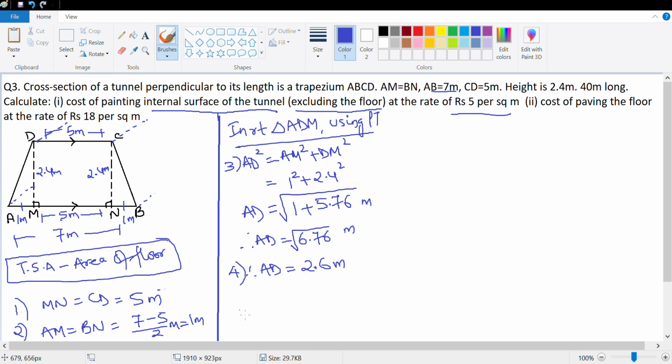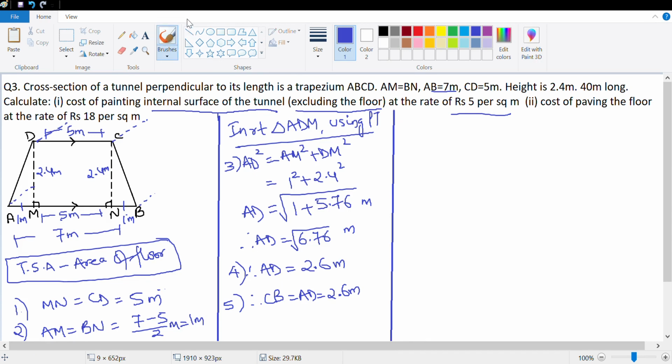Since these two triangles are exactly the same, this is also 1 and this is 2.4, therefore CB is equal to AD is equal to 2.6 meter.